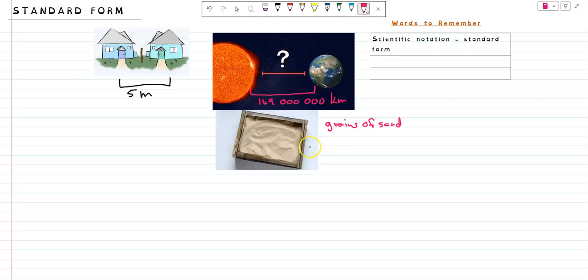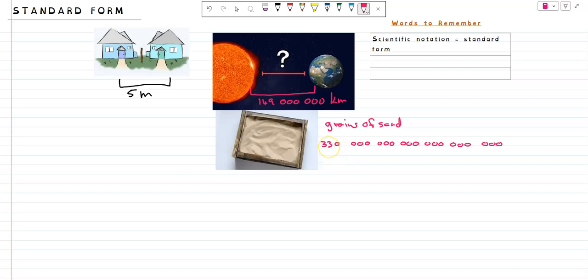It is approximately 330, and then again a lot of zeros. Isn't this a huge number to work with every time?